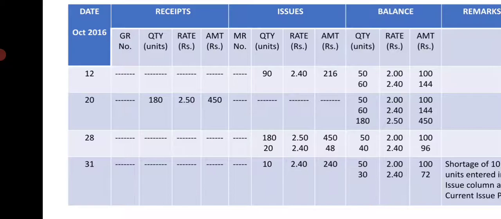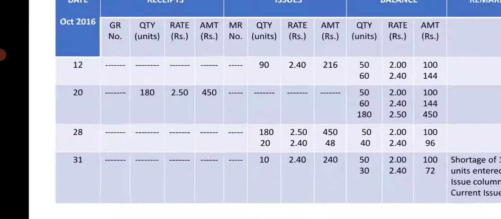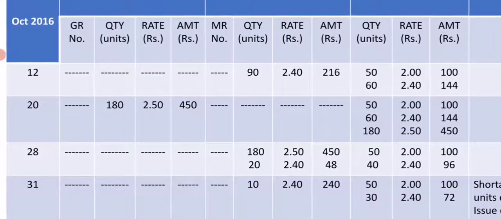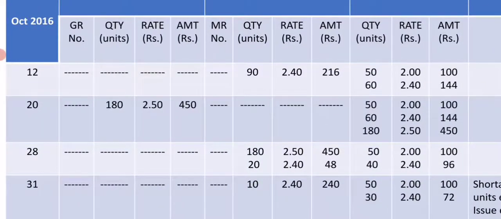28/10/2016, issued 200 units. So we have to issue 200 units, and first we have to see the available balances. Available balances are 50 units at the rate of 2.00, 60 units at the rate of 2.40, 180 units at the rate of 2.50.